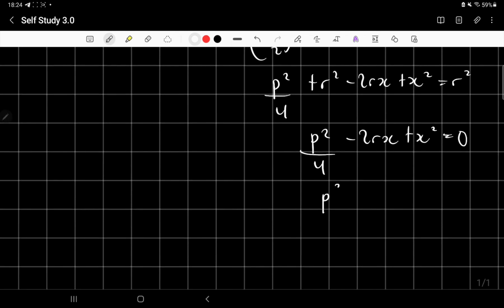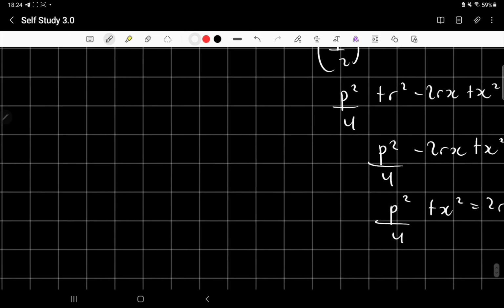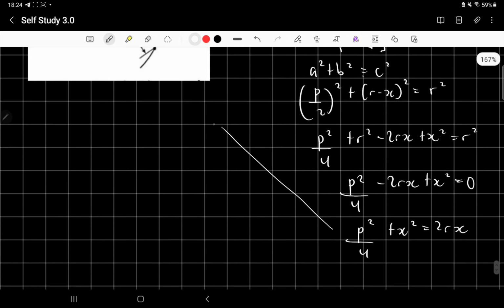We will get p squared over 4 plus x squared is equal to 2rx. Let's continue the working here. We want only r, because we are expressing r in terms of p and x. So let's divide both sides by 2x.